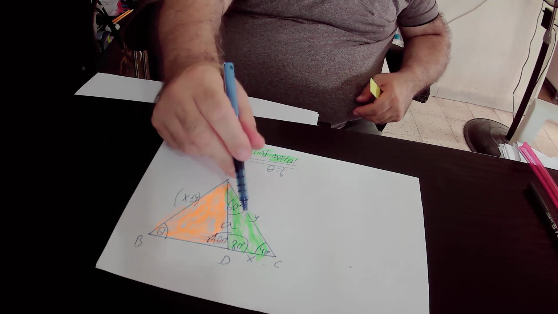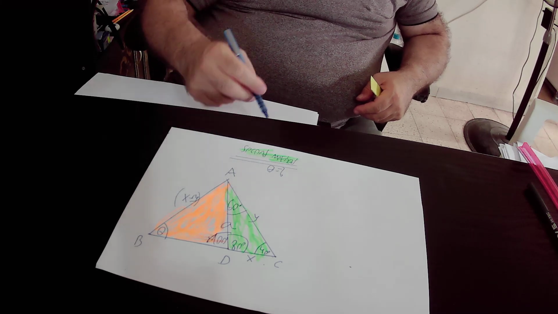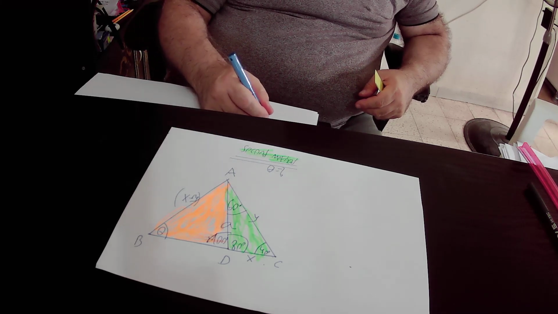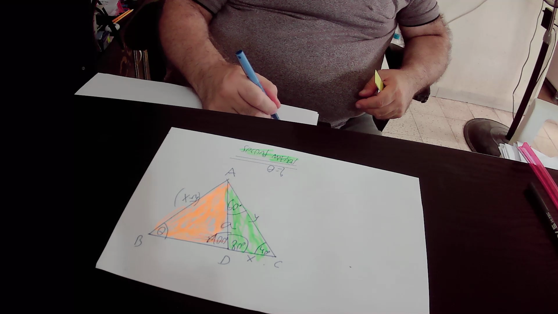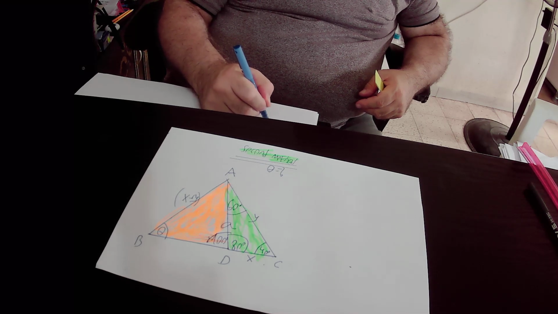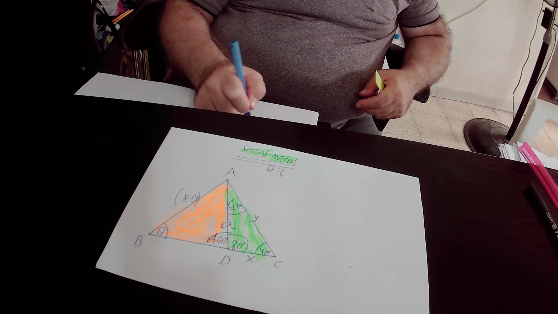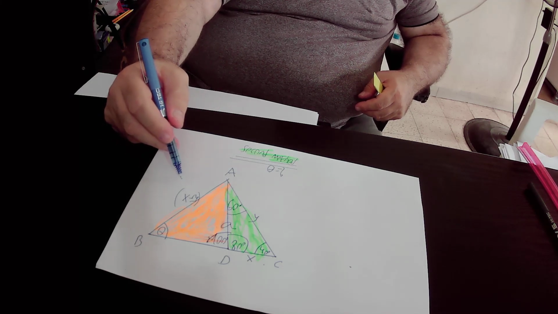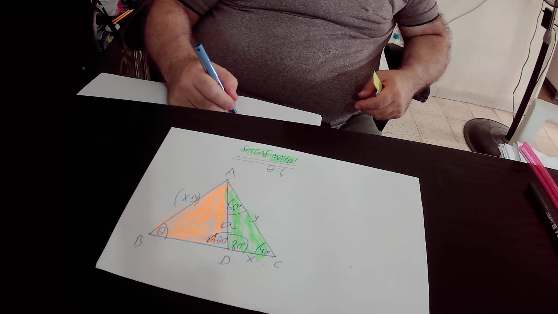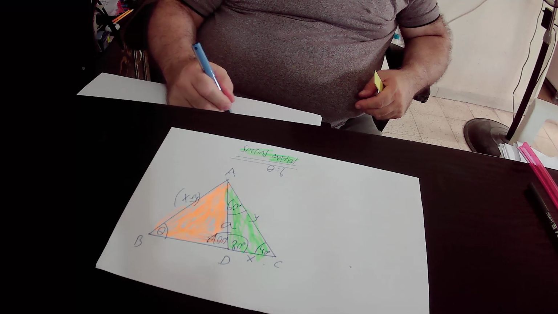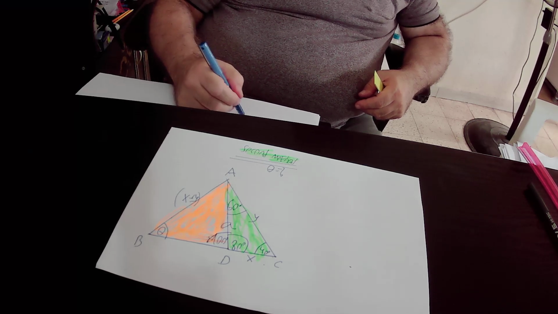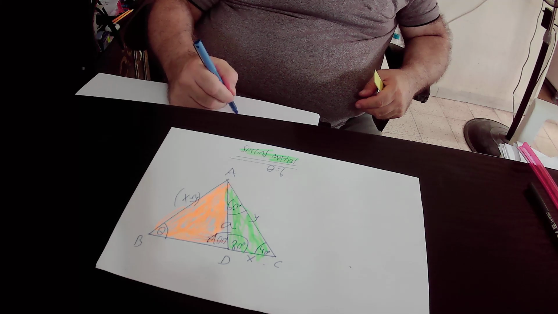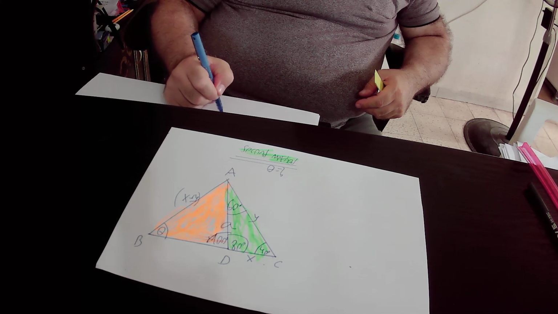Here, AD equals a, therefore we substitute AD by a, and we get that a over sine theta equals AB. AB equals x plus y, so we substitute AB by x plus y over sine 100 degrees.